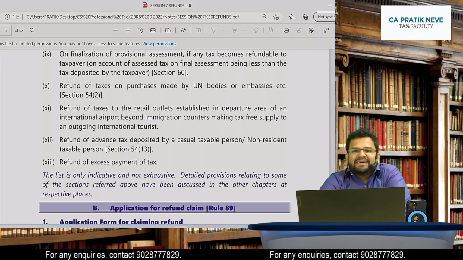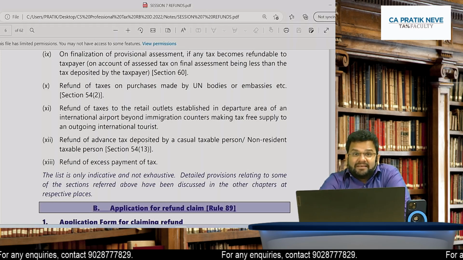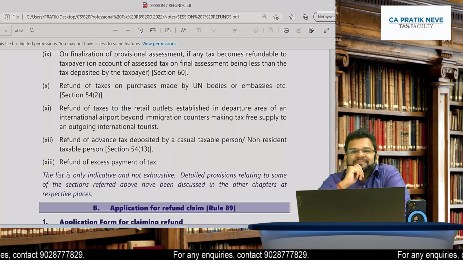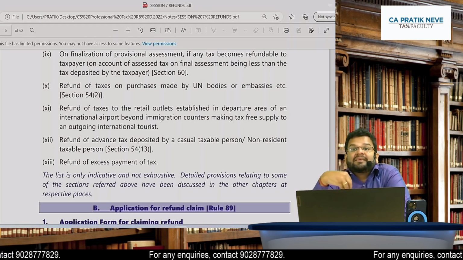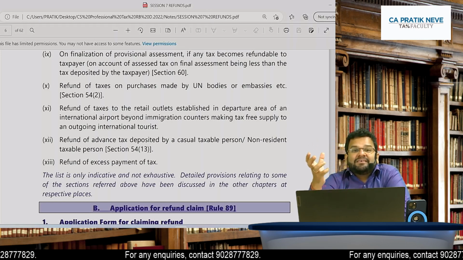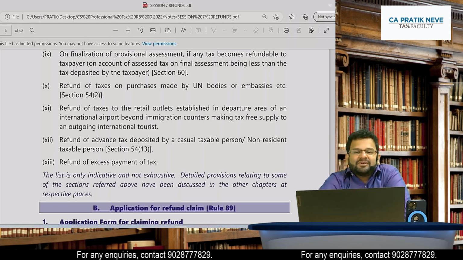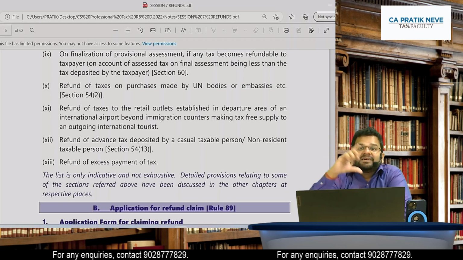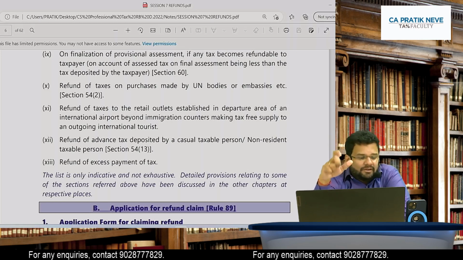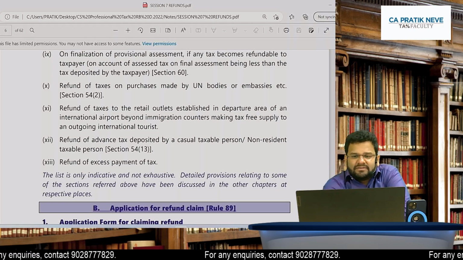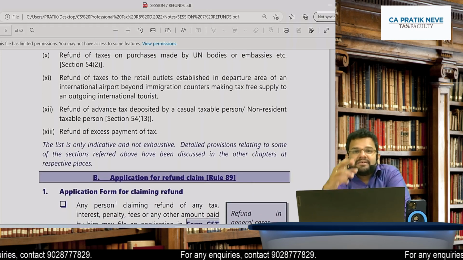Can it happen that on provisional assessment the registered person had paid tax of 1 lakh, but finally according to the final assessment the tax payable was only 40,000? So what will happen? The difference of 60,000 will be refunded. That's one more case where refund will be granted.